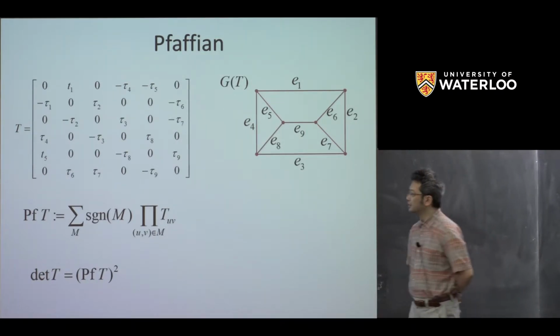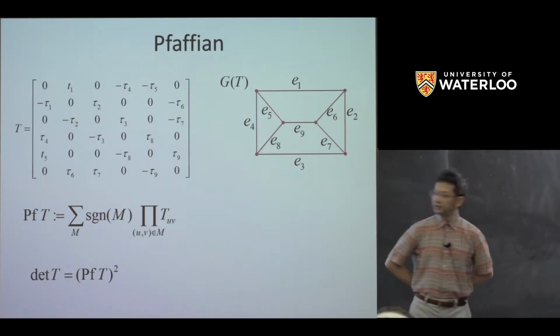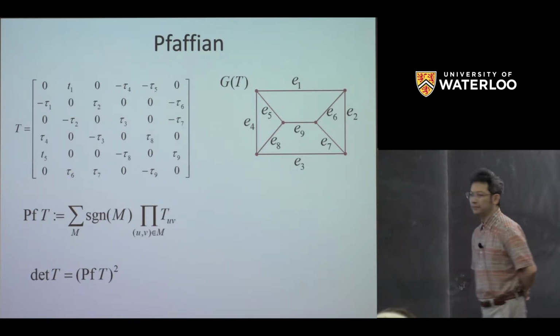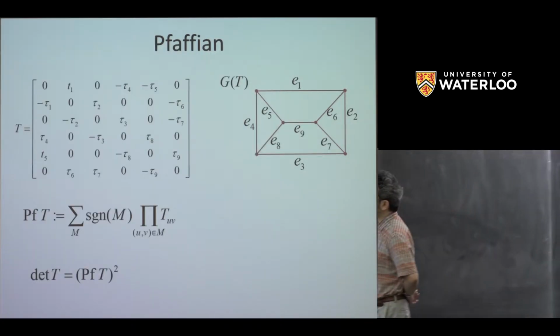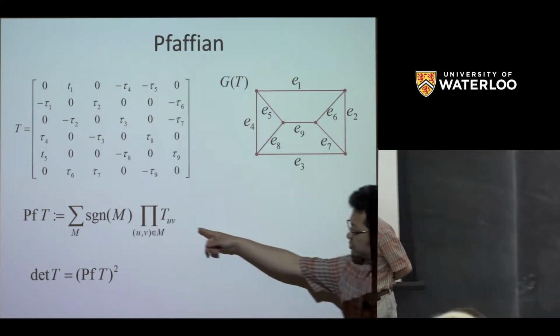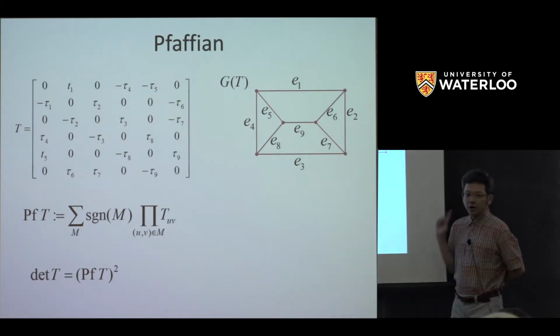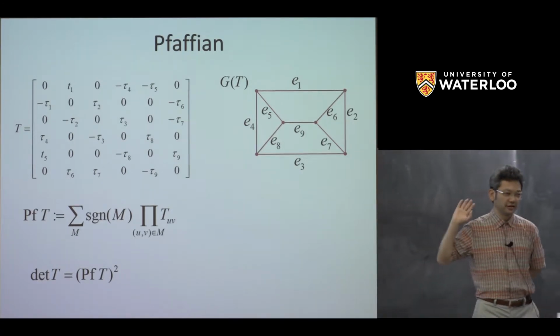Now, the Pfaffian of the skew symmetric matrix T is defined to be the sum of the products of the non-zero entries in all the perfect matchings in this graph.